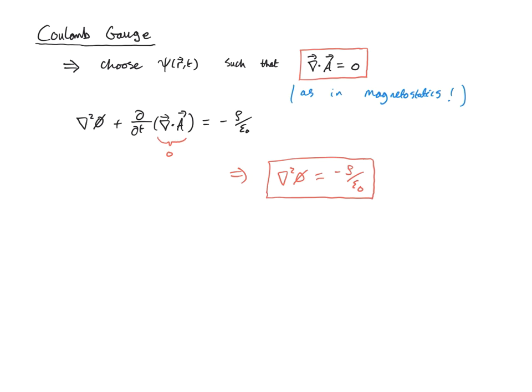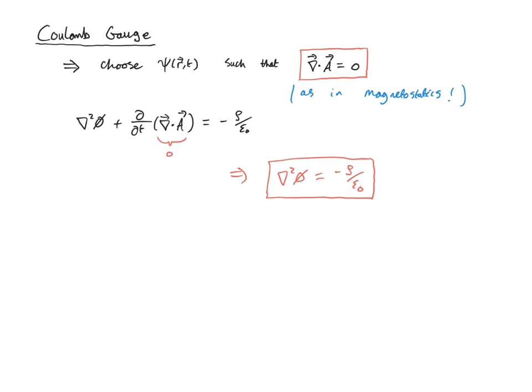So we can go ahead and use the Poisson equation here to calculate the scalar potential. And we already saw in the previous lectures how to solve the Poisson equation, the properties of the Poisson equation, and how to deal with these kind of systems of equations generically.